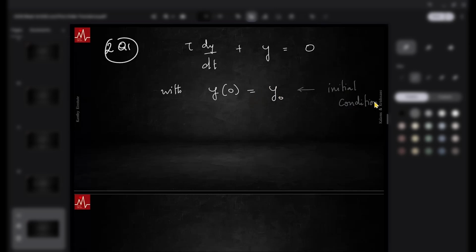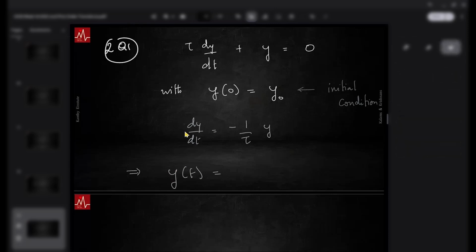Anyone remember the solution for this? So let's see. Now your dy/dt is minus 1 by tau into y. It's a function of t. This implies y(t) equals this.